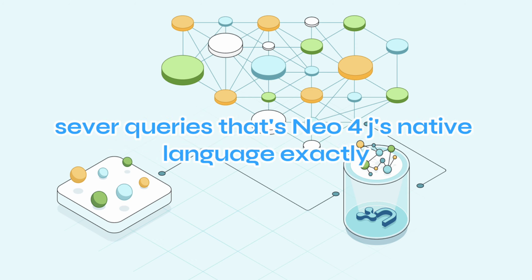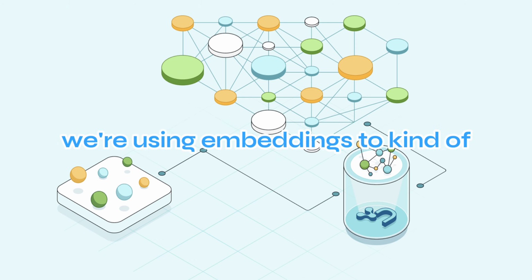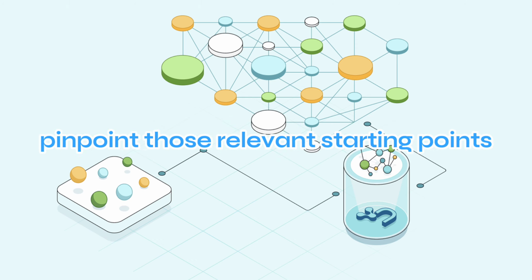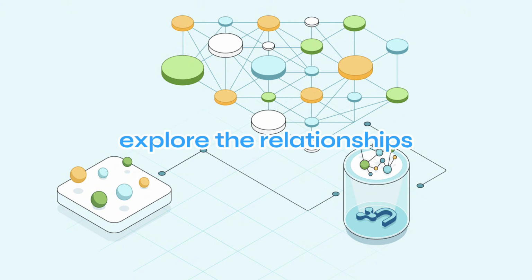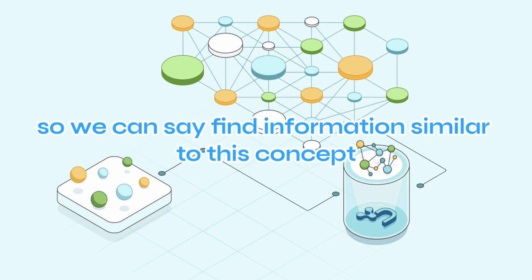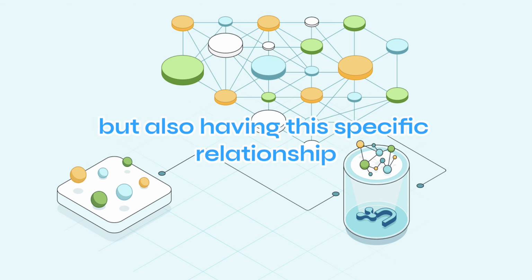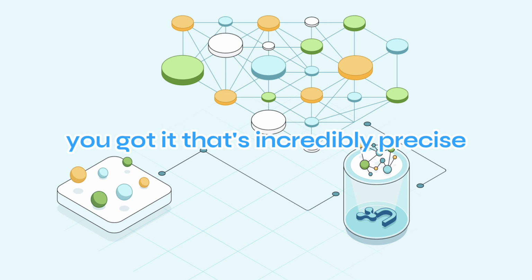Right, Cipher queries, that's Neo4j's native language. Exactly. We get the best of both worlds. We use embeddings to pinpoint relevant starting points in the graph, and then we use Cipher to navigate those connections, explore the relationships, and pull out even richer context. So we can say, find information similar to this concept, but also having this specific relationship or characteristic within my knowledge graph. You got it. That's incredibly precise. It is.